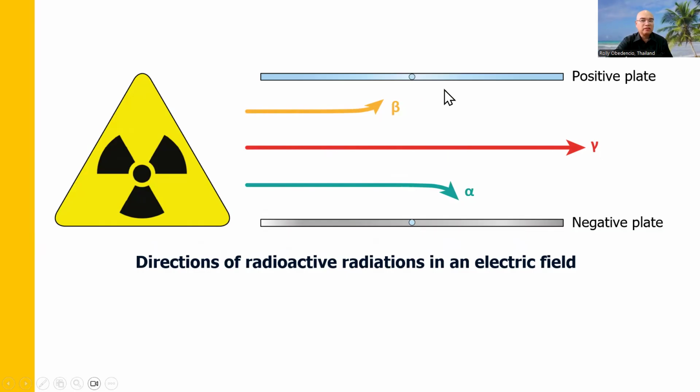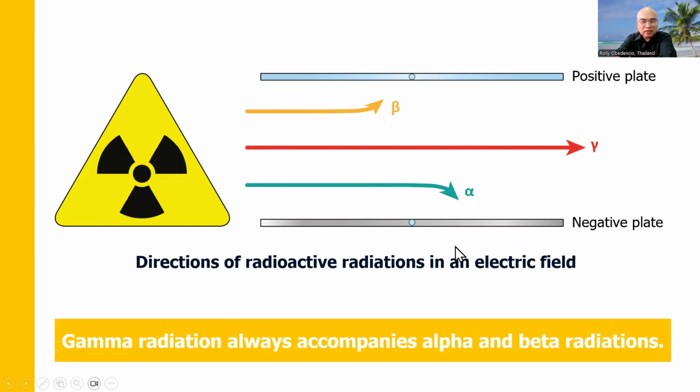So the beta tends to go to the positive plate, while the alpha tends to go to the negative plate. So this is the direction of radioactive radiation in an electric field. So again, gamma radiation always accompanies alpha and beta radiations. They go together.